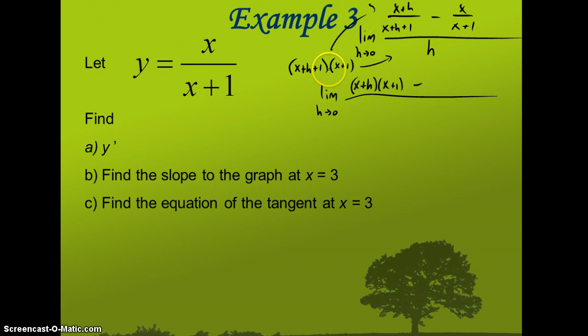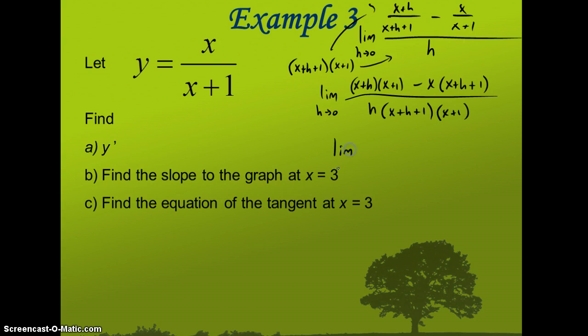In this back piece, the x plus 1s are going to cross out. I'm going to be left with x times x plus h plus 1. On the bottom, I get a big mess. I get h times x plus h plus 1 times x plus 1. You're welcome to FOIL out the bottom if you really want, but pro tip, you don't really want to. It's just going to make for a lot more algebra that's not very helpful.